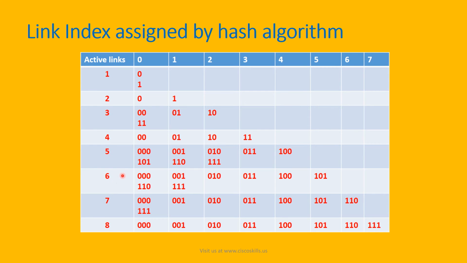If it has 6 active links, it also requires 3 bits.